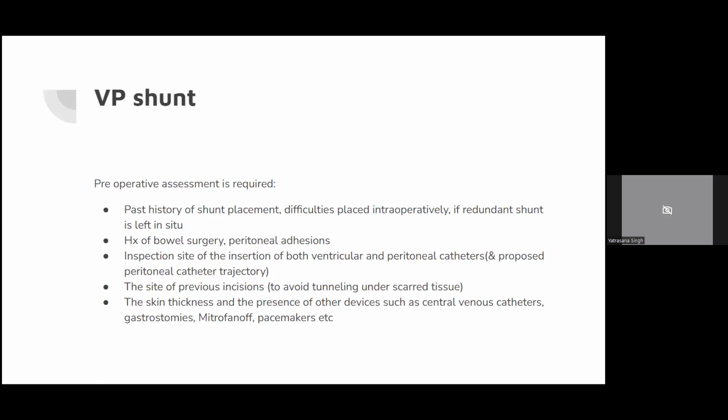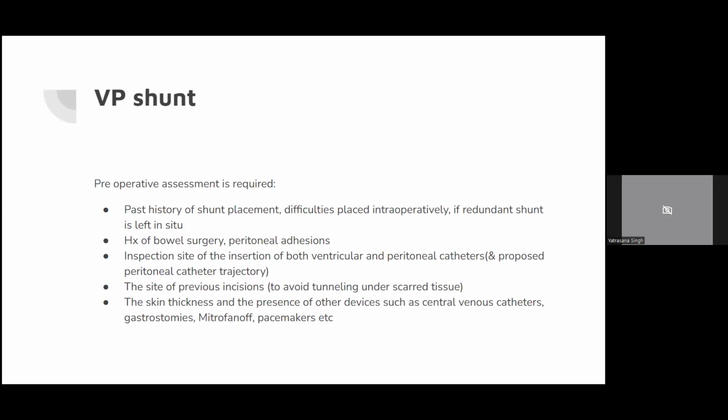A past history of shunt placement must be known. We must find out if there were any difficulties intraoperatively, if there's any redundant shunt left in situ, and if the patient had any history of bowel surgery that may predispose them to peritoneal adhesions.